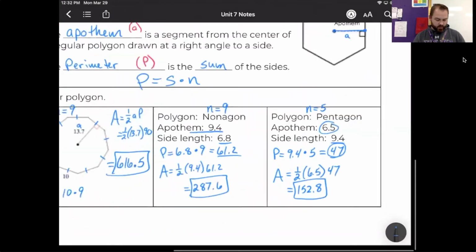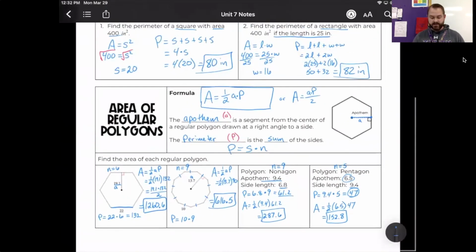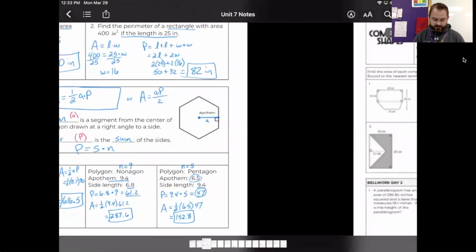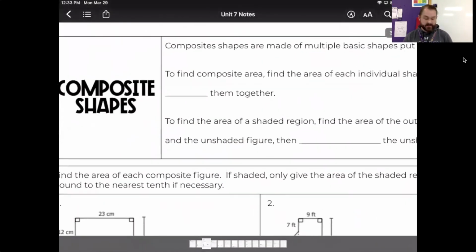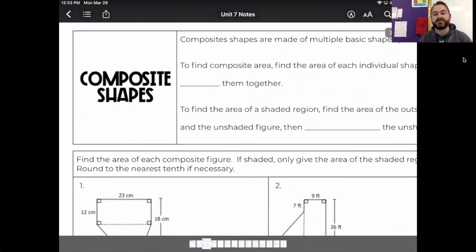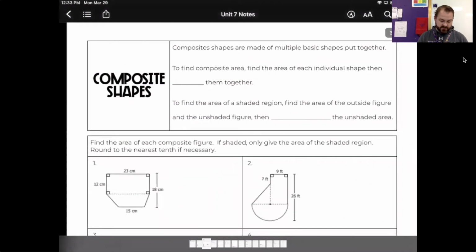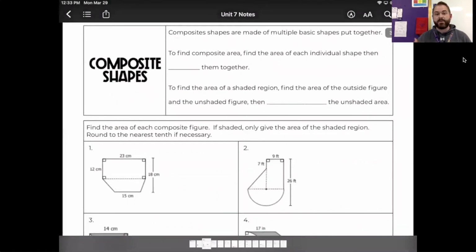Now, we've got one other big idea left to talk about in this lesson. So as I move forward, this last big idea is the idea of composite figures. Now, composite figures are shapes that are made of multiple basic shapes put together. The word composite comes from the word compose, which means to put together.